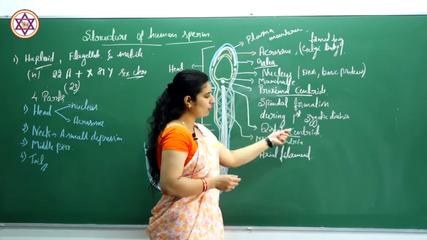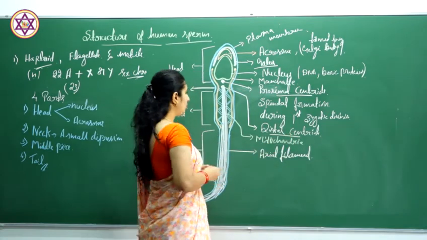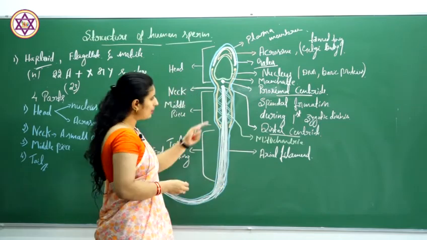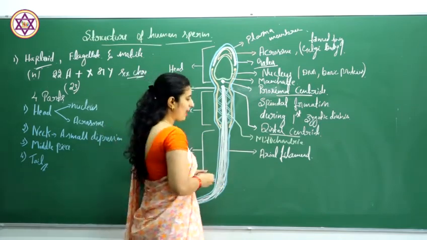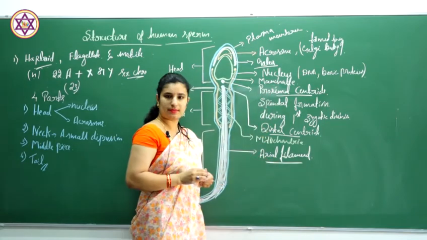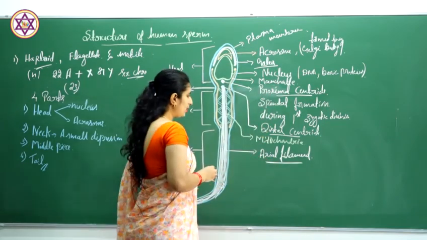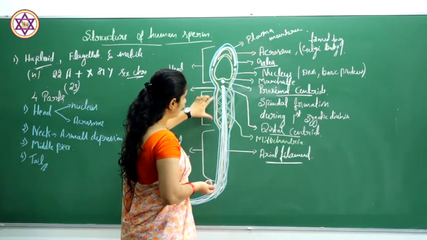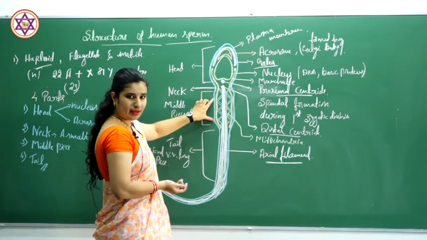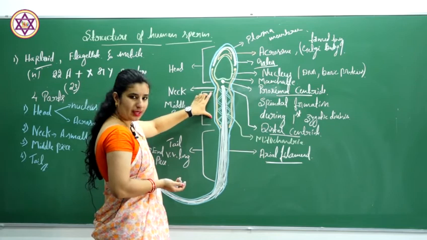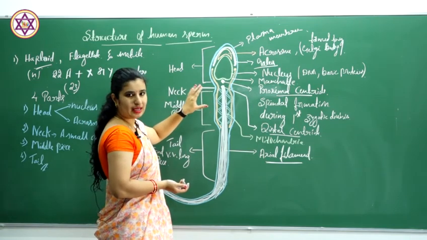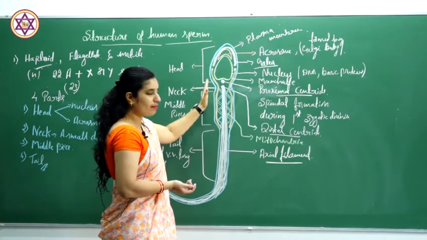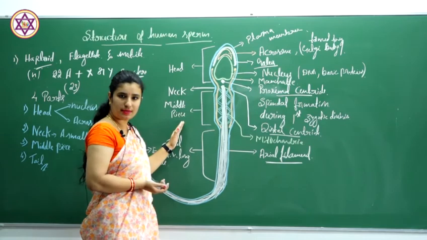This distal centriole gives rise to a filament, and this filament is called the axial filament. Followed by the neck, we have the middle piece, this slightly swelling part, but not as much as the head region.